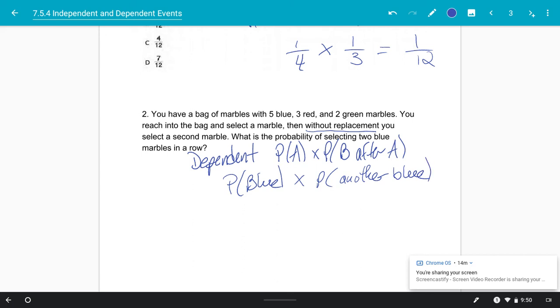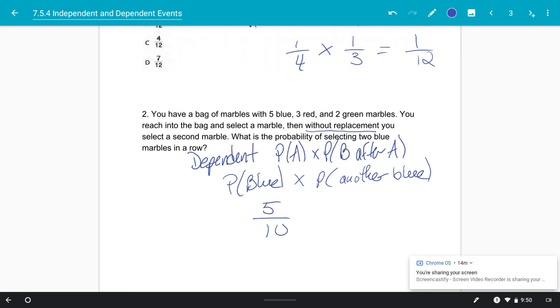All right, so what's the probability that we reach into this bag and select a blue marble? So again, I look at how many blue I have out of how many total. So I have 5 blue out of 5, 6, 7, 8, 9, 10 total marbles, right? So I'm just adding up the 5 blue, 3 red, and 2 green.